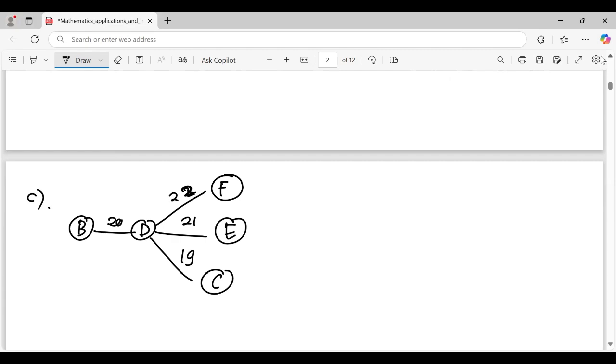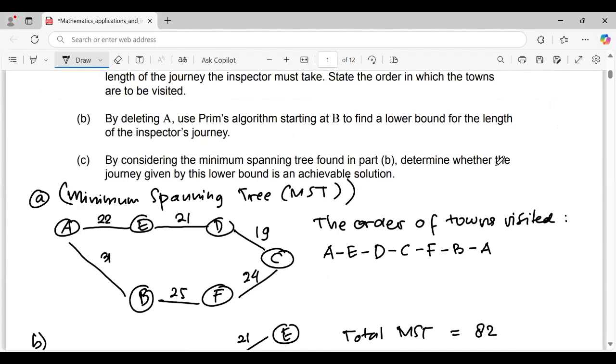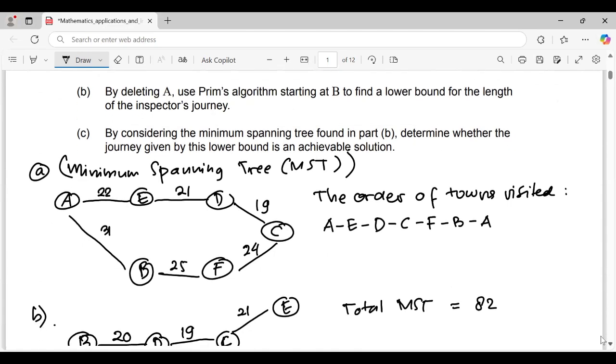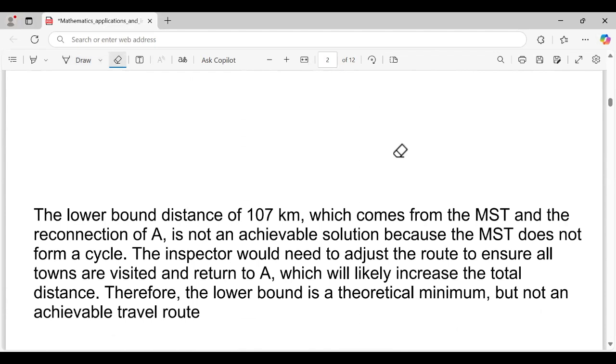Okay. And according to this question, determine whether the journey given by this lower bound is an achievable solution. I have provided my brief explanation about it. This one.